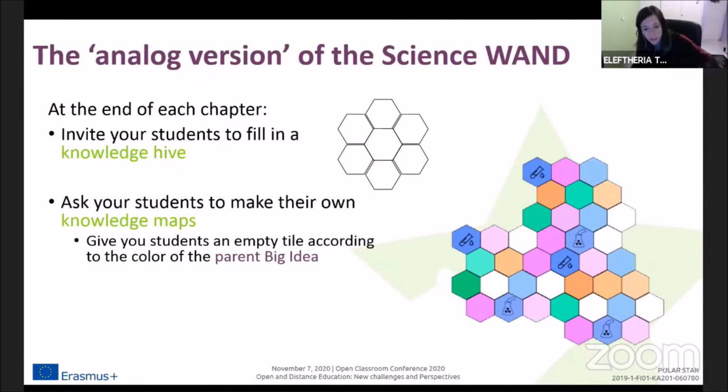And you keep doing that every time they learn something new. And the idea here is they have to place the tiles together so that the concepts that are connected are placed together.